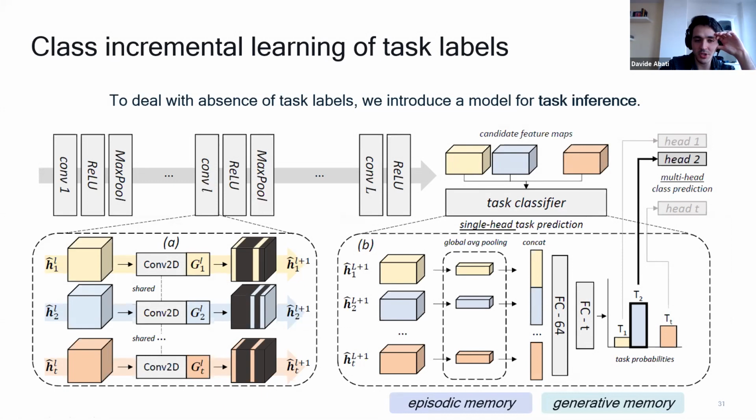Another thing, which is kind of the same, as I mentioned, we tried to make this decision at every specific layer, with its own belief about the task, but that didn't work.